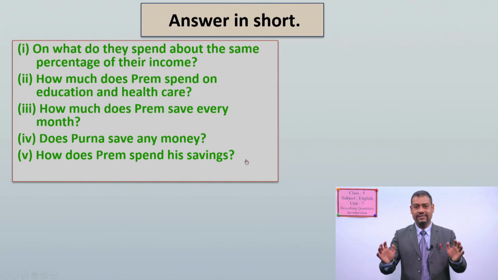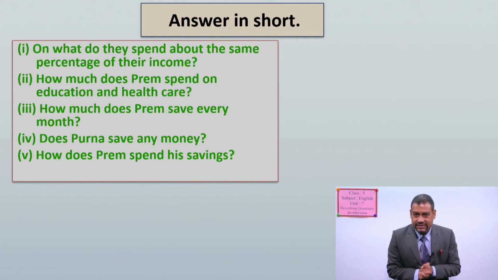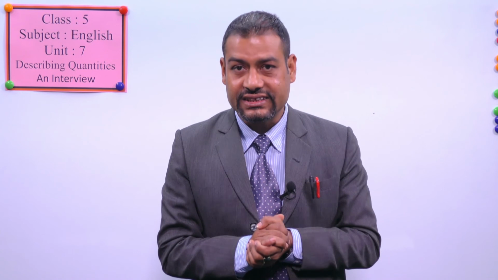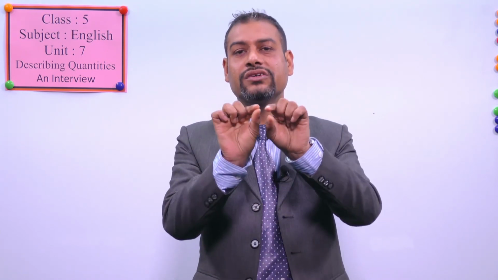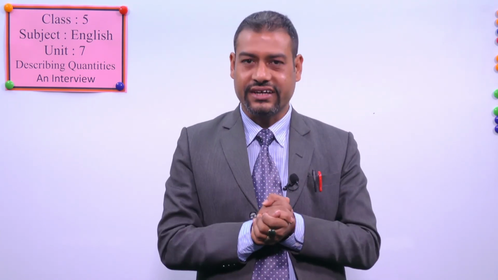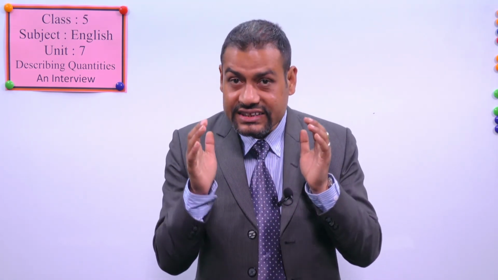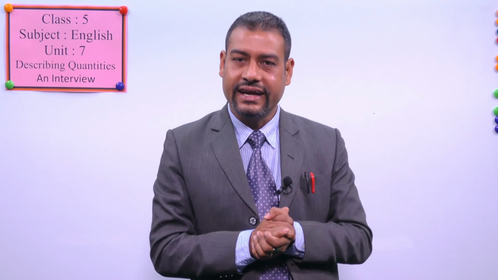On what does Prem spend his saving? You have to find out that one. So please, students, write them and then check with me. Please start writing. And here you should not write a complete sentence. You can write only the main words, only the key words for our answer.